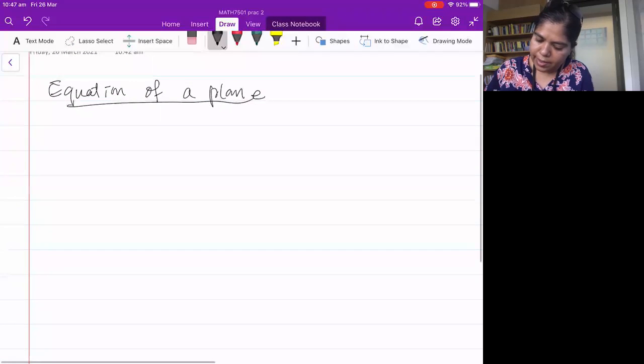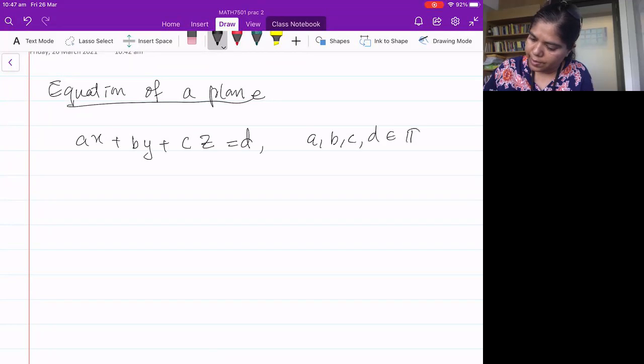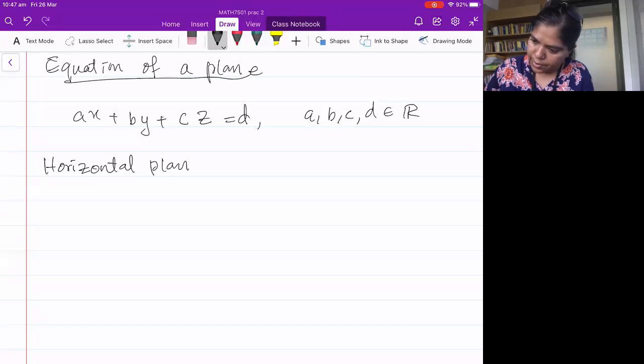In general, we've got ax plus by plus cz equals d, where a, b, c, d are real numbers, and horizontal planes. Horizontal planes are when z equals some z.